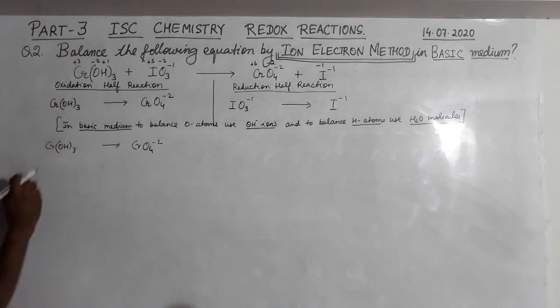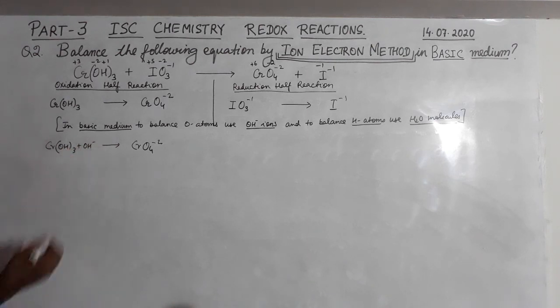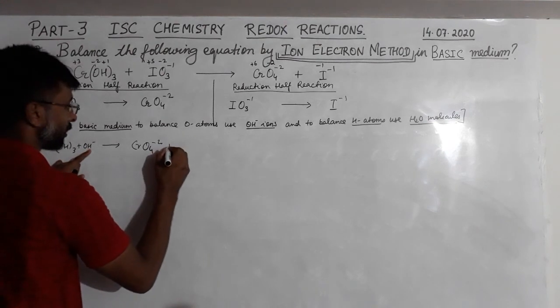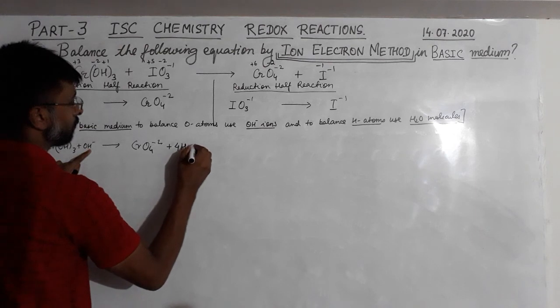There is one less oxygen, so I will put 1 OH minus over here. As soon as I put 1 OH minus, oxygen is 3 plus 1, 4. Oxygen is balanced, but hydrogen is not balanced. So hydrogen becomes 3 plus 1, 4 hydrogen. To balance 4 hydrogen, on the other side we have to put 4 water molecules.